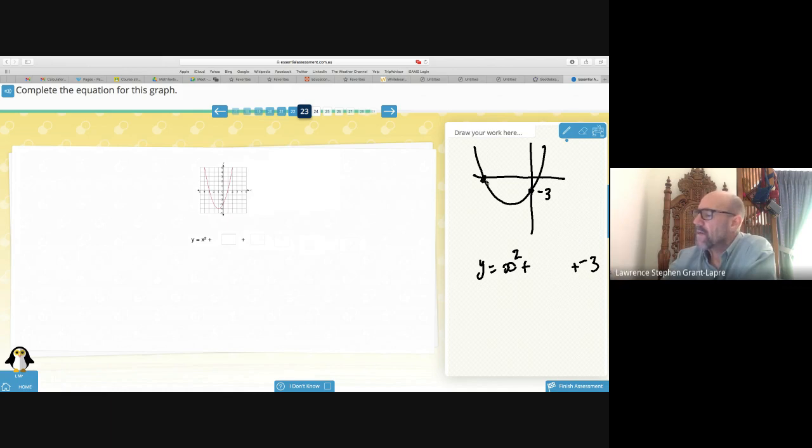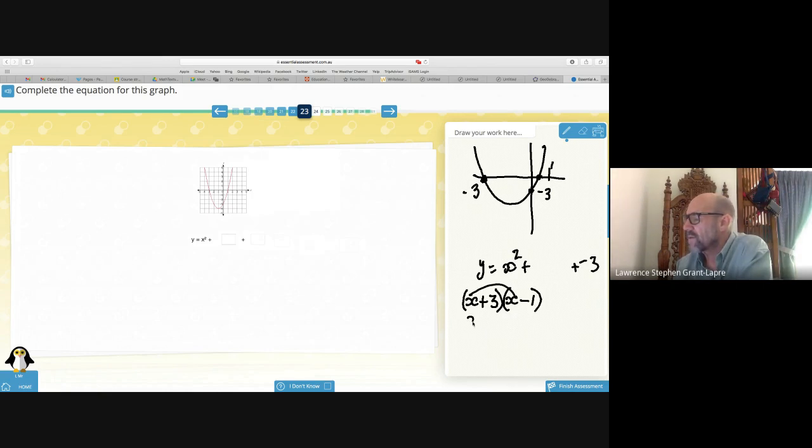Now it's crossing here at -3 and 1. So if I expand this, that would be x plus 3 from -3. And it's crossing at 1. So that would be x minus 1.